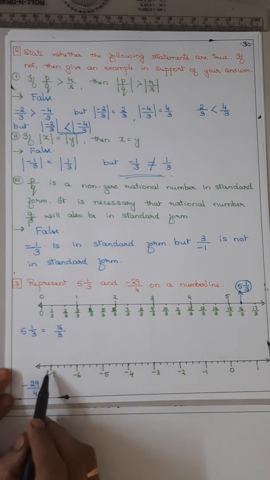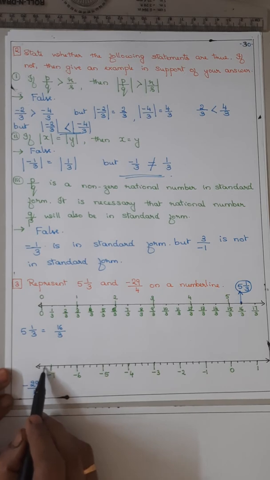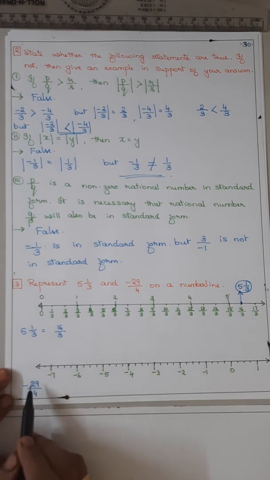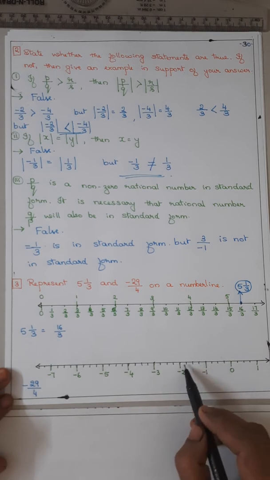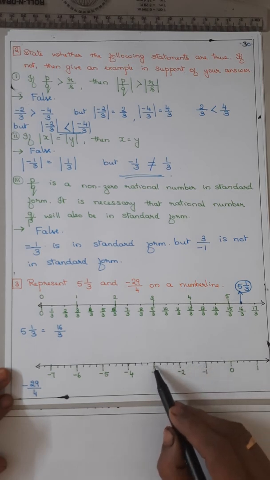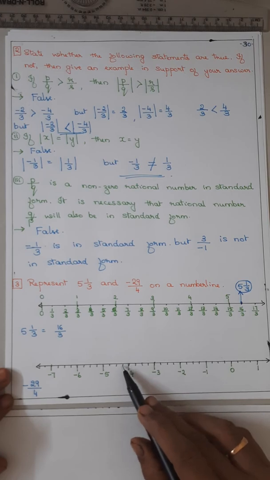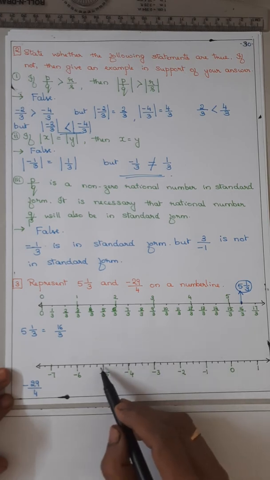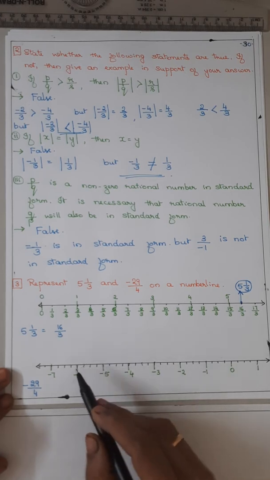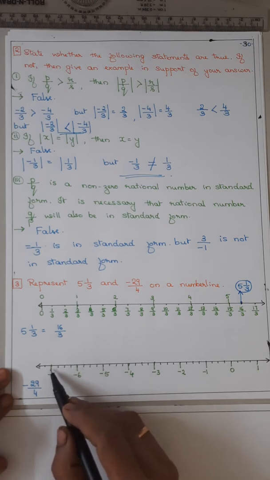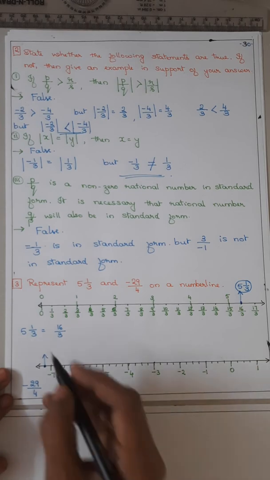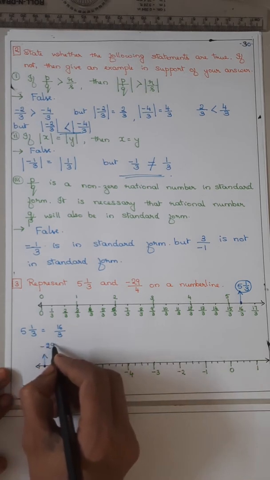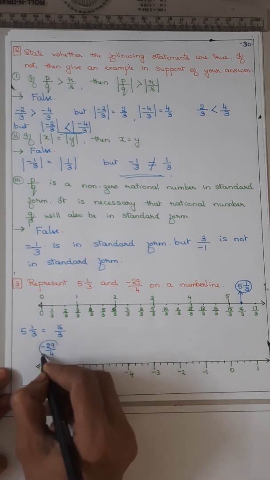Otherwise, directly you can tell this is 28 and this is 29. Otherwise, count 1, 2, 3, and so on up to 29. This is minus 29 by 4.